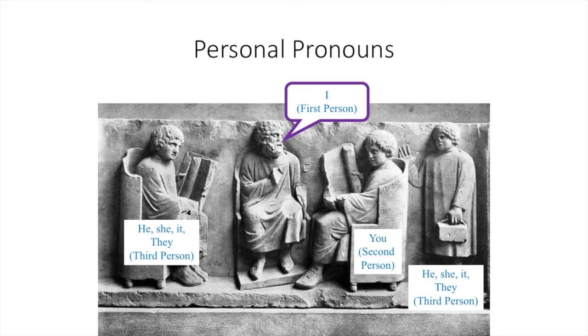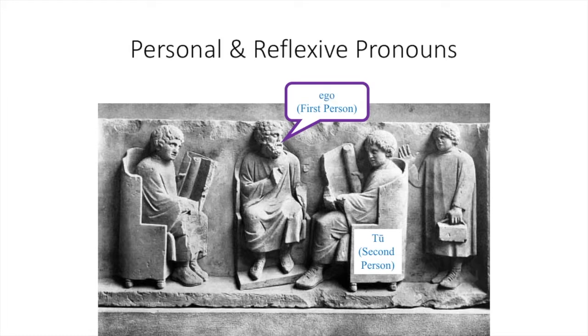Whether it's I, the person talking, you, the person we're talking to, he, she, or it, the person or people we are talking about. For the personal and reflexive pronouns for first and second person, they are pretty much the same forms, so we don't need to learn new ones for first and second person.